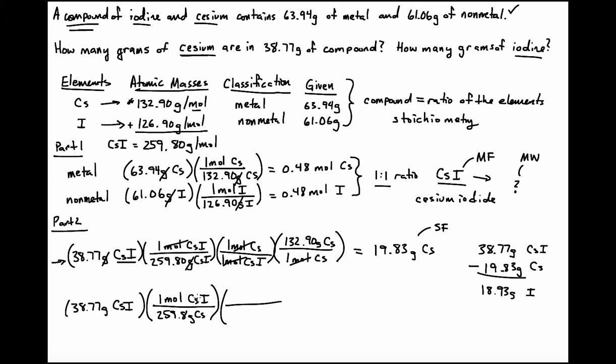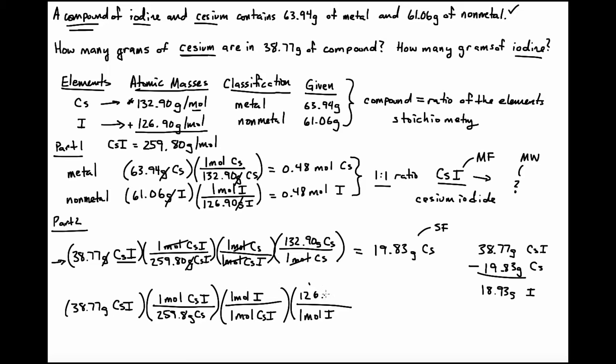So we need moles of cesium iodide to cancel out. Now we're solving for iodine. We know from the ratio it's 1 mole of iodine. Now we're going to use this number 126.90, so 1 mole is on the bottom, so 1 mole of iodine.